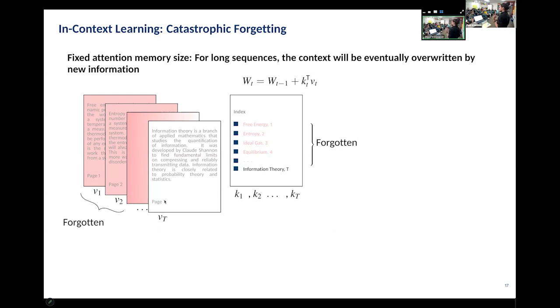Why does it do this? Because these updates are interfering with the updates that are already stored in that memory. It's the classical catastrophic forgetting problem, and it's completely expected because we're seeing these input tokens one after another. So eventually, we're going to forget.